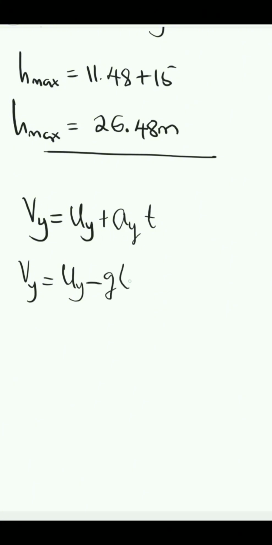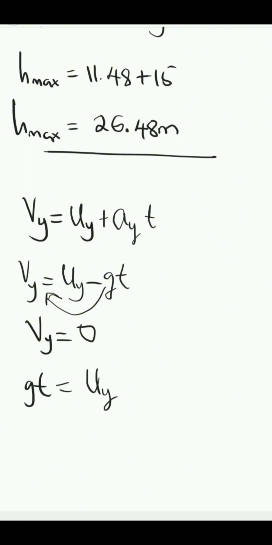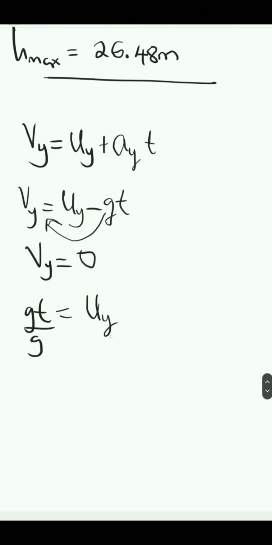So it will be Uy minus g t. Now this final velocity is 0 from what we know. So it will be 0. Now when we take the negative g t to the other side, it becomes positive g t, which is equal to the initial. Then you divide both sides by g, leaving us with t equal to u over g.